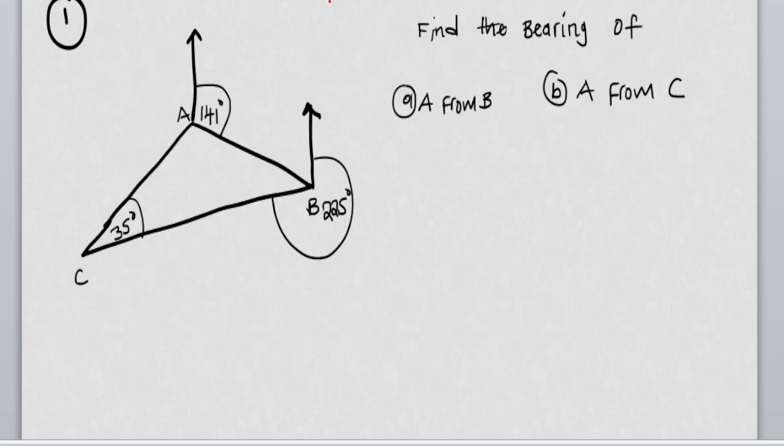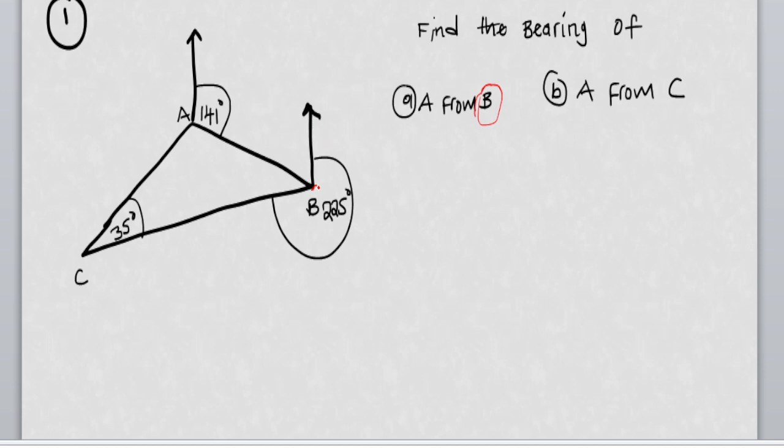So basically, when you're given such a question to find the bearing of A from B, you go where it's saying from. So we start at B, so go where B is found. So this is where B is, and ensure that the north is already there, because we said bearings move in the clockwise direction and they move from the north.